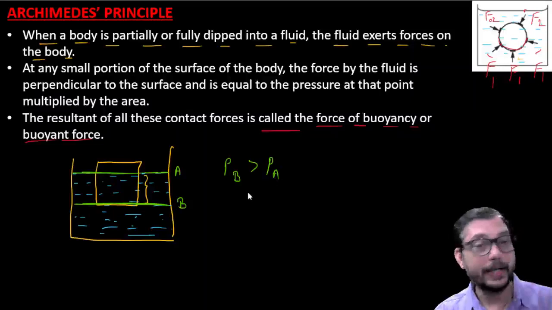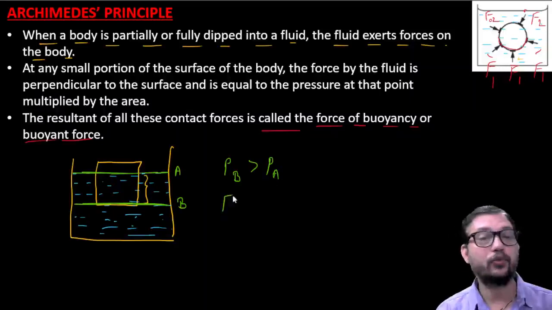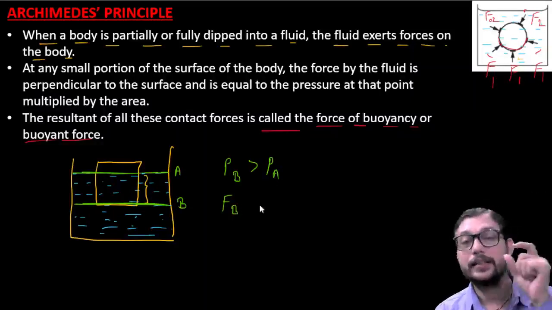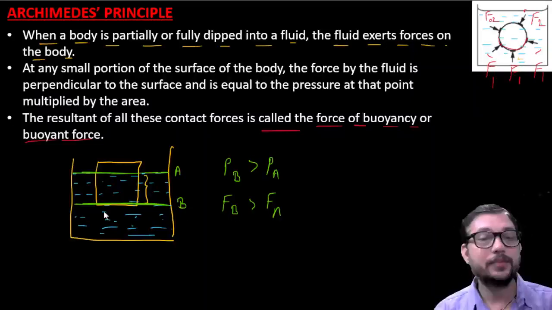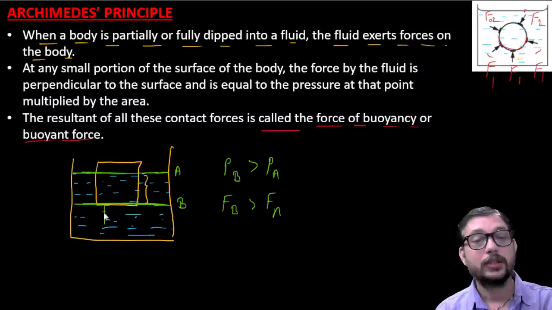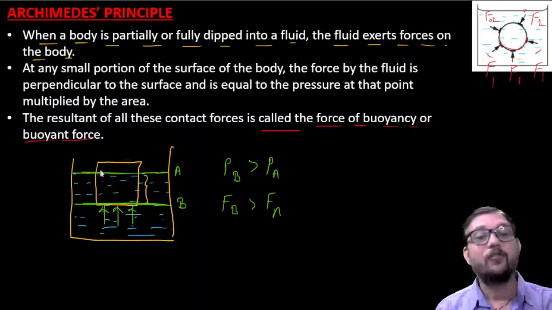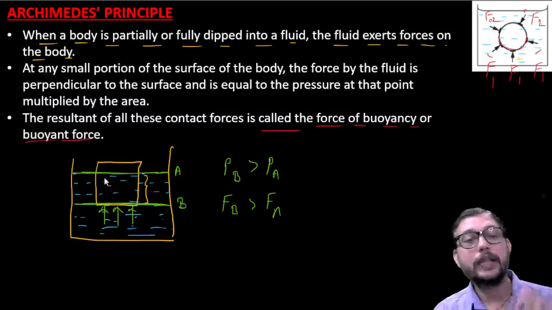And due to that pressure we have a force, so the force at layer B will be greater than the force at layer A. The force at each layer is perpendicular to the surface, like this way or like this way.